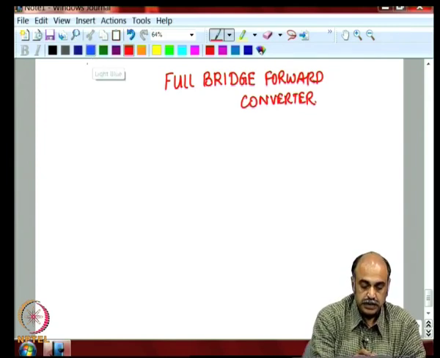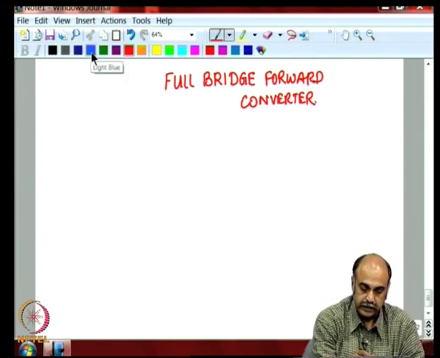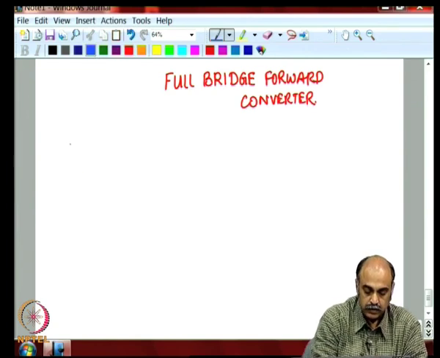So, how does the full bridge forward converter look like? So, let us draw that.